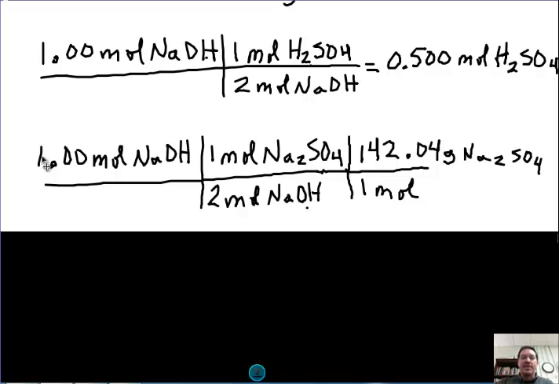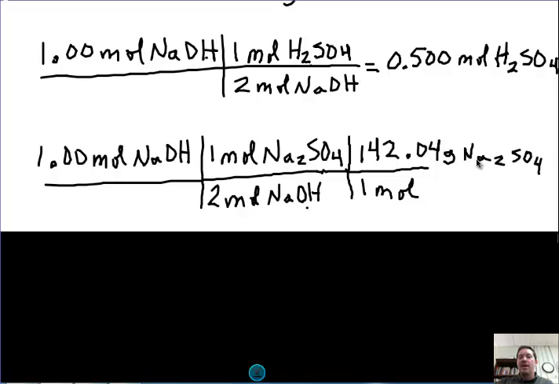So I'm going to take one step back. I'm going to go 1 mole sodium hydroxide, apply my molar ratio again, and it happens to be the same molar ratio, but this is from the balanced equation. So 1 times 1 mole of sodium sulfate divided by 2 moles of sodium hydroxide, and then I'm going to multiply by the molar mass of the sodium sulfate compound.